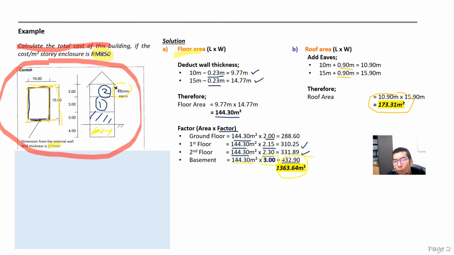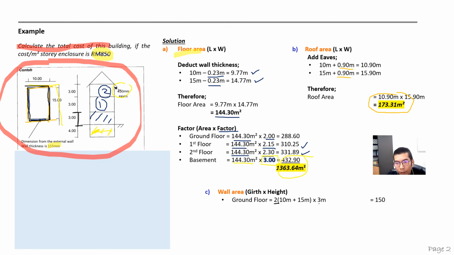The last component that you have to calculate is the wall area. The wall area, girth times height. Remember, girth is about perimeter. Perimeter: 10 tambah 15 tambah 10 tambah 15, ataupun 10 plus 15 times 2. Ada dua side. Ketinggian untuk ground floor is 3 meter.